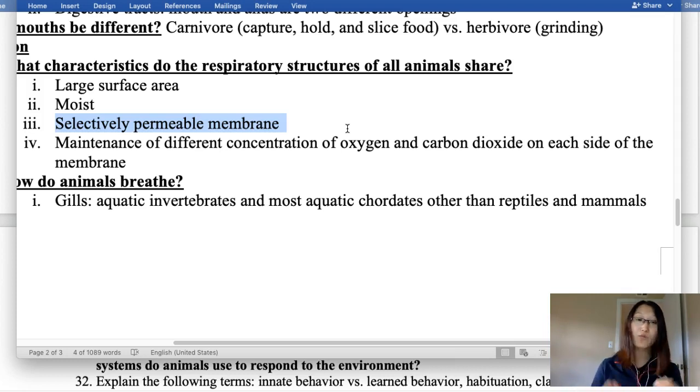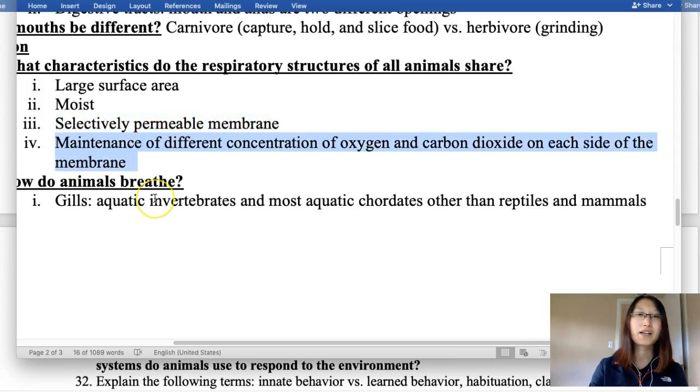As a human, we breathe a lot of things, and we only want the oxygen to enter our bloodstream and nothing else. We only want the carbon dioxide to come out of our bloodstream and go into our lung for us to breathe out. We don't want to be breathing out our red blood cells, for example, right? So this is the importance of these selectively permeable membranes. It only allows certain material to come in and out, so that the whole process can be very efficient and it's not damaging our body.